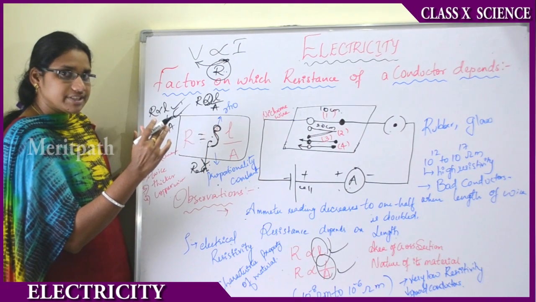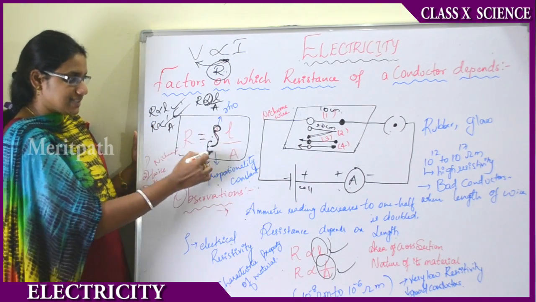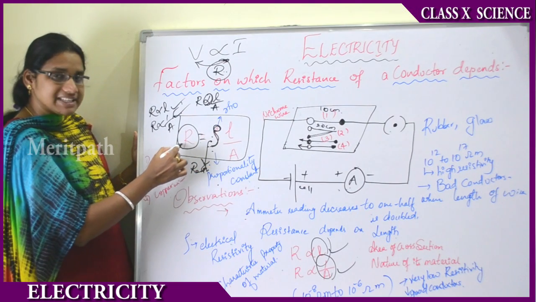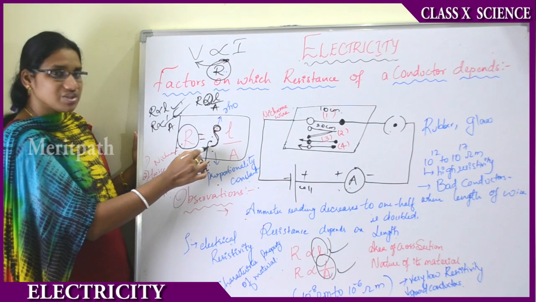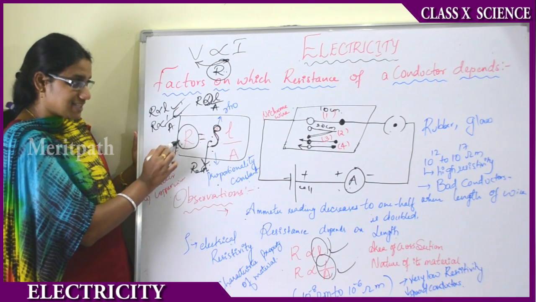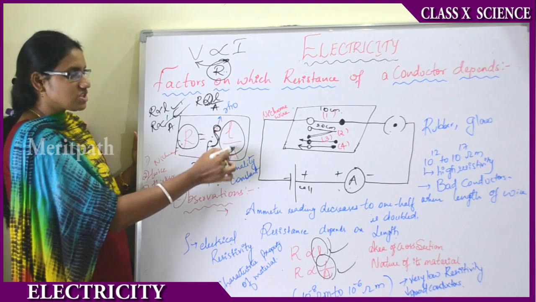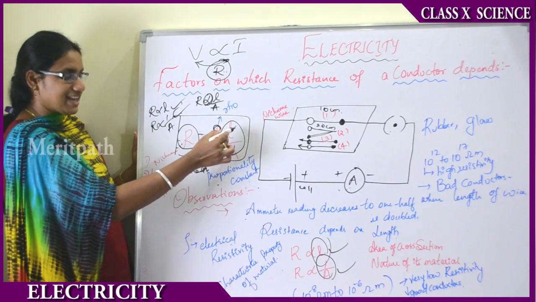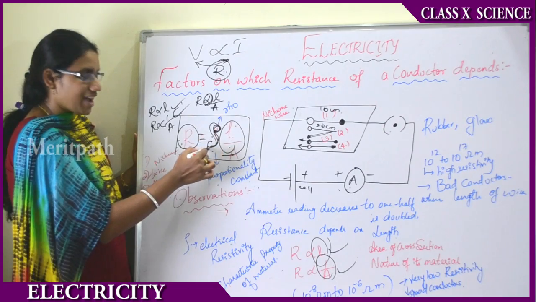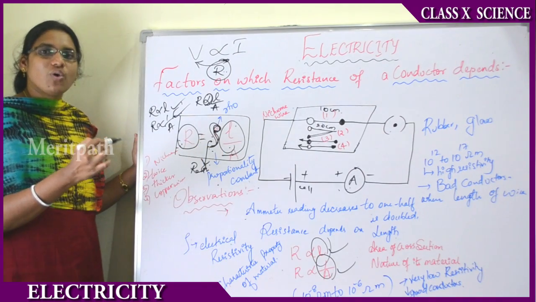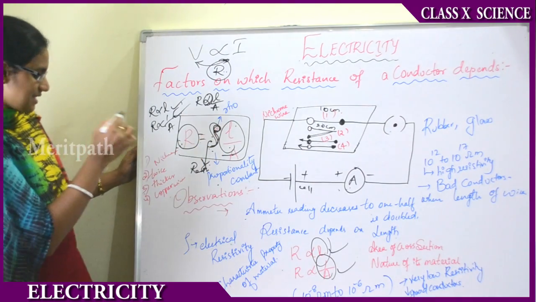I hope you got the difference between the resistance and resistivity. Resistance is used as a constant between voltage and current, whereas resistivity is used as a constant between the resistance and the factors on which the resistance depends, that is length and the area of cross section. So rho is defined as the resistivity and it is a constant of resistance.